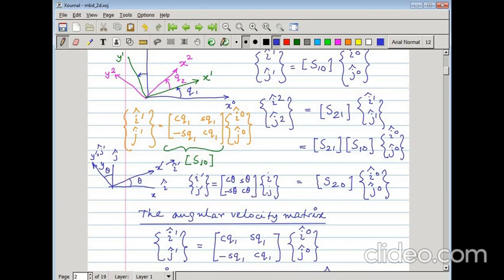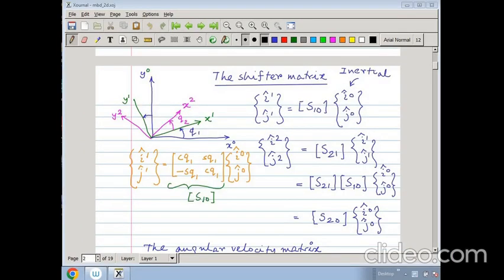So this is the shifter matrix. In the next lecture we will see the shifter matrix in details. So this is the shifter matrix between 1 and 0. So these are the unit vectors of 1, that is x1, y1, and x0, y0. In the left hand side this is 1, and in the right hand side the unit vectors along 0, that is the inertial reference.